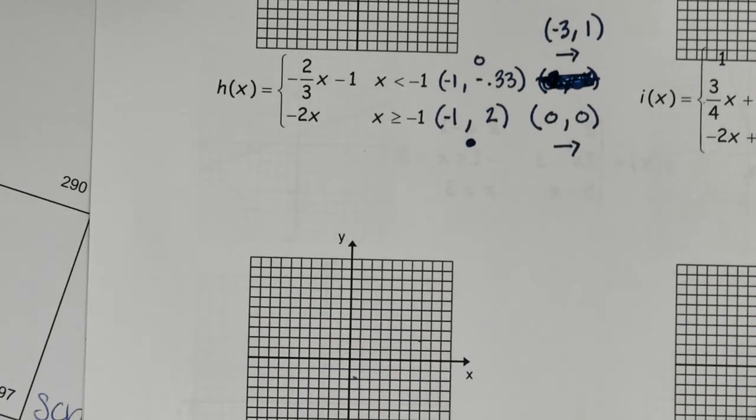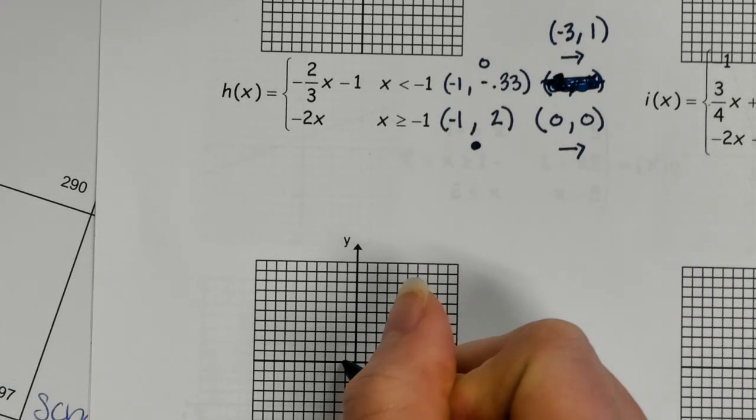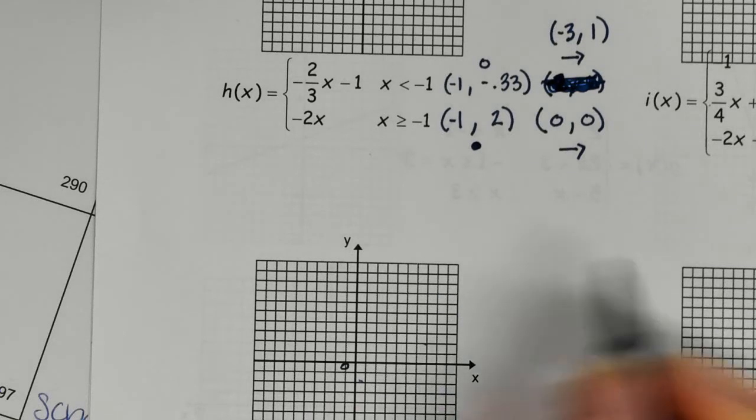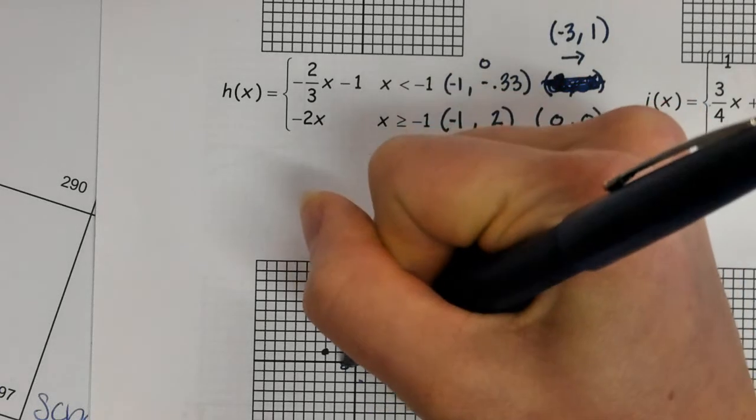So now I just have to plot those points. So -1, -0.33 is there, and -3, 1, 2, 3, and 1 is where my arrow is going.